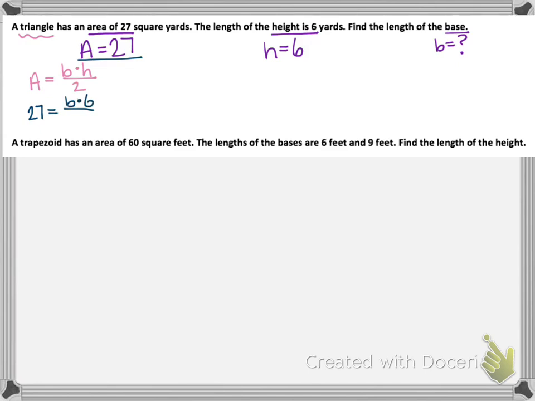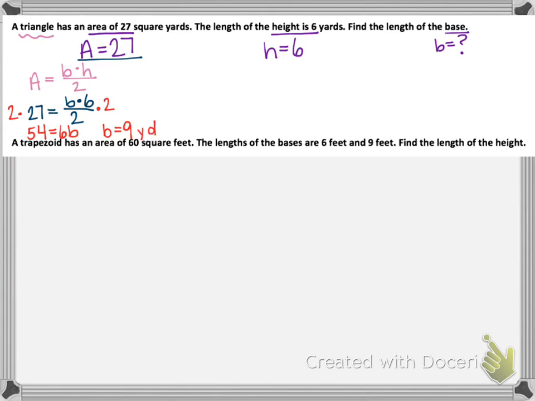They told me my height was 6. And then I'm dividing by 2. All right. So then what I'm going to do to solve this, I can multiply by 2 on both sides. So I can get 54 equals 6b. So b equals 9, and that'll be 9 yards.